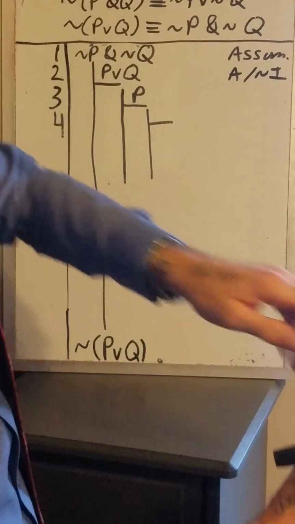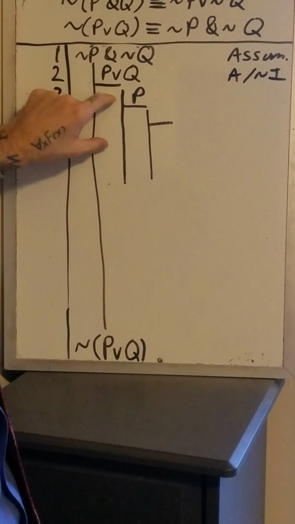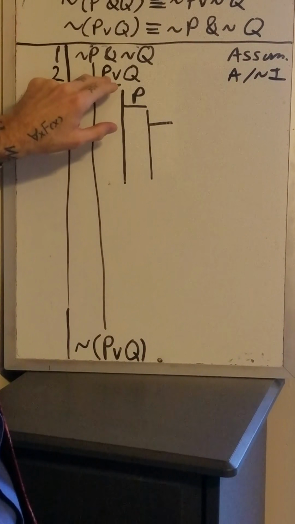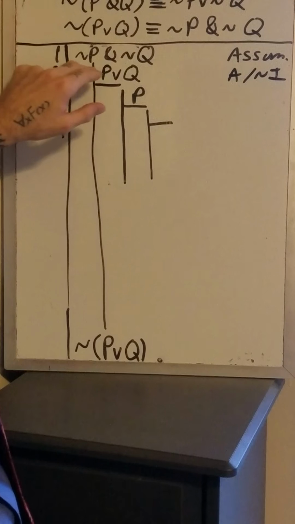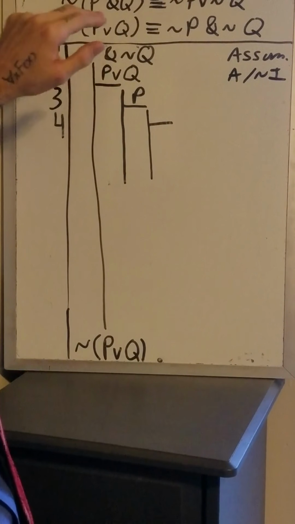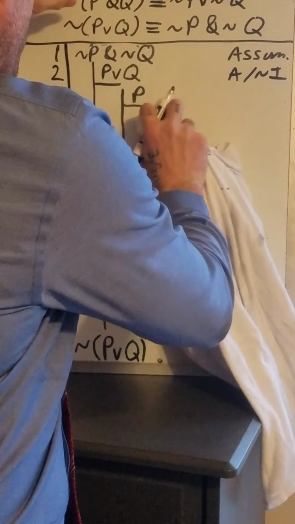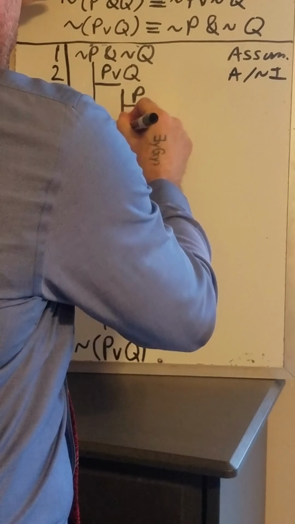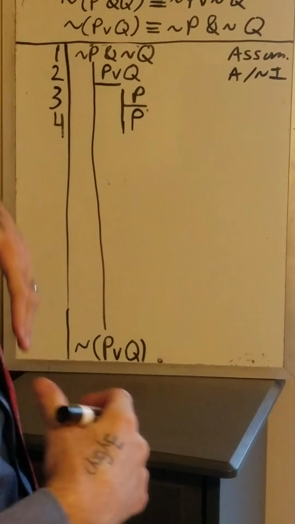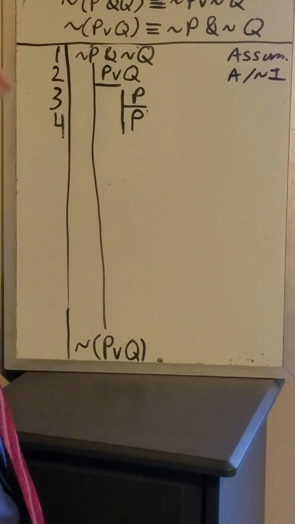Why don't we show that on either one of these assumptions we can get P. So we can get P if we have P, and we can get P if we have Q, and either way it'll be a contradiction with line 1 here, where we have not P and not Q. Maybe that didn't make that much sense when I explained it, but let's go ahead and run through it.